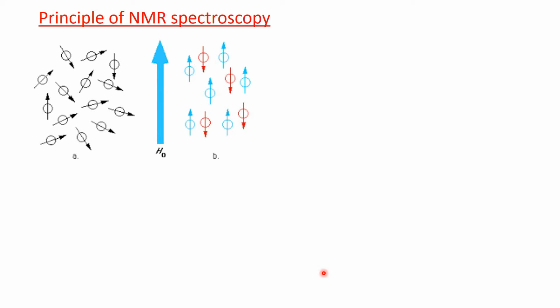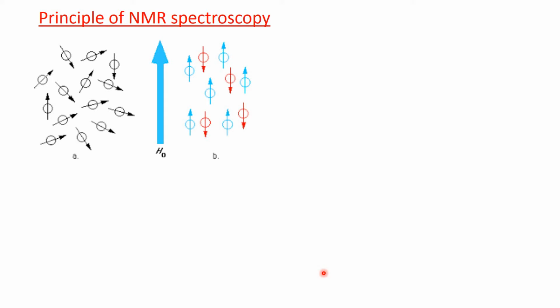So what we have seen, in absence of any external magnetic field, these magnetic nuclei are randomly oriented. But as soon as you apply the external magnetic field, these magnetic nuclei can take any one of a definite number of orientations, which depends on the spin number.